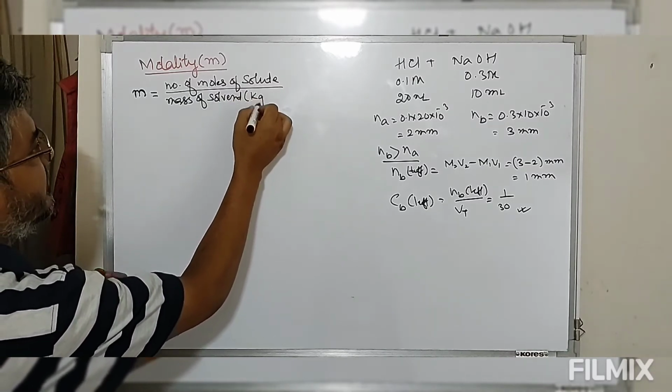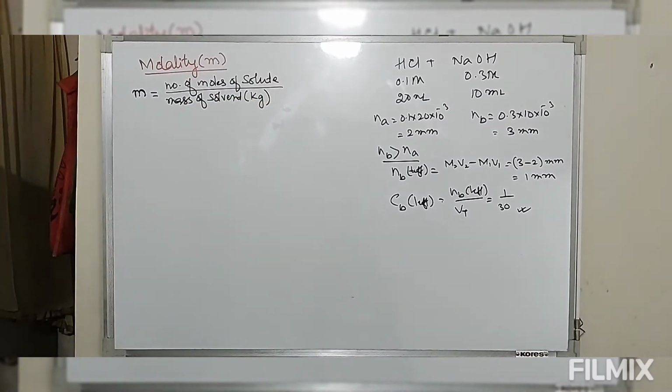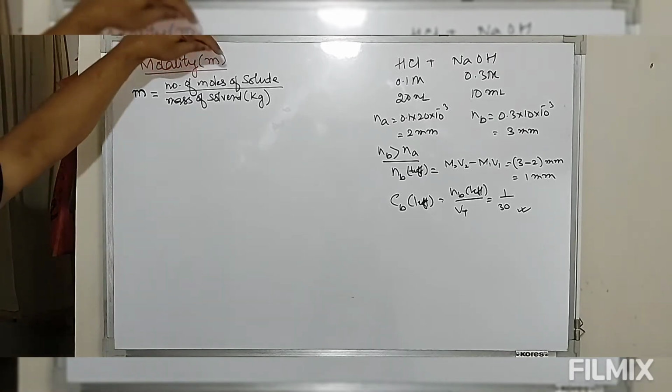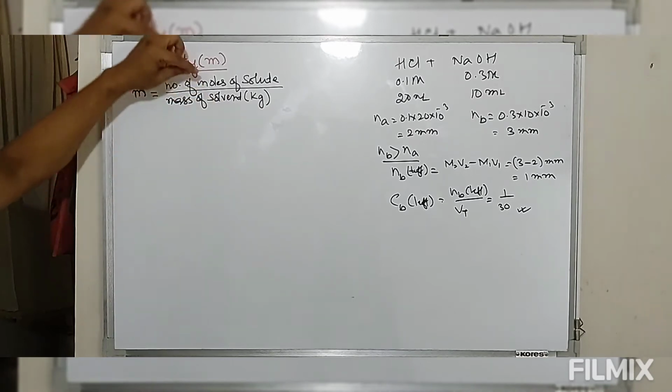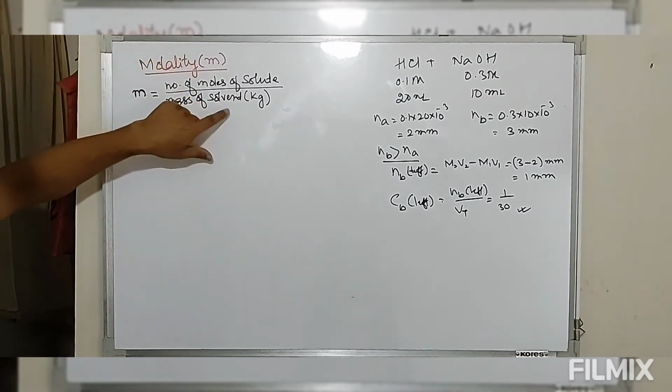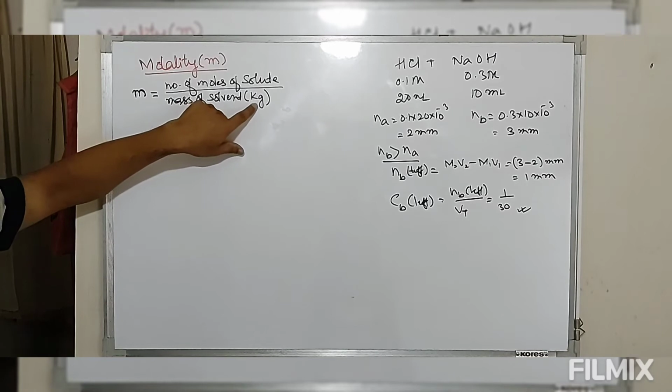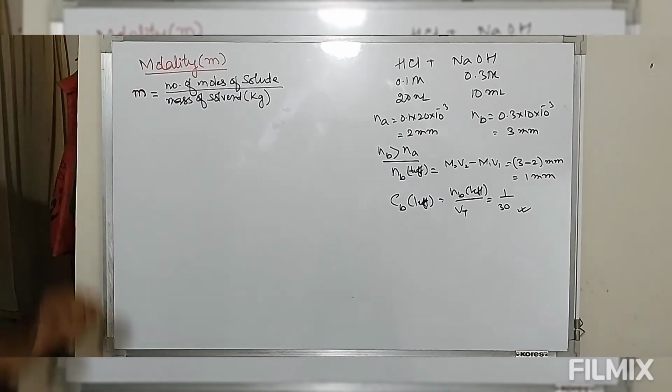This must be in terms of kilograms. So now look at this. The number of moles of solute present per kilogram of solvent: moles of solute divided by the mass of solvent in kilograms. This is defined as the molality.